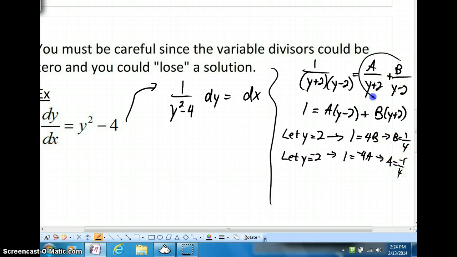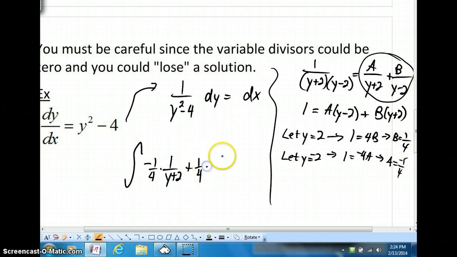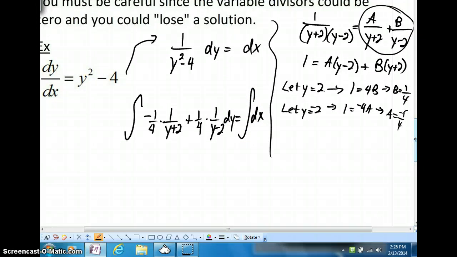So what are we really getting at? This partial fraction would become, and as we'd be integrating this, a all over y plus 2. Well, that's negative 1/4 times 1 over y plus 2. We could separate it in that way. Plus, how about our b? Well, we've got 1/4 for that. I can bring it as a coefficient. Here's our y minus 2, and here's our dy. And the right side's the nice, simple, direct one. That's just the integral of dx.